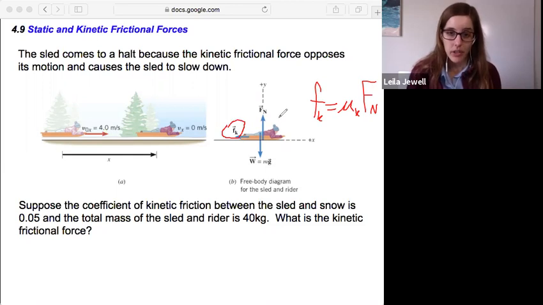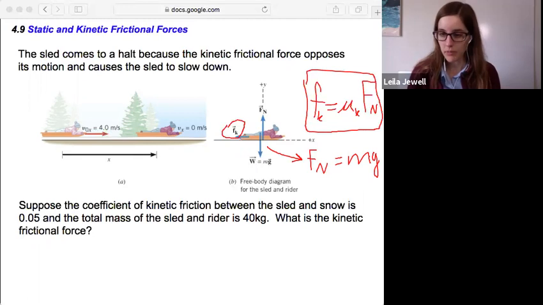So in this instance, if we look at the forces in the vertical direction, we would find that the normal force is equal to the weight of the sled and the rider, mg. This won't be true in every instance, so you want to understand where that came from. It came from the free body diagram. So this isn't a general equation that you can apply to every scenario. Versus the force of kinetic friction, this one is a general equation.